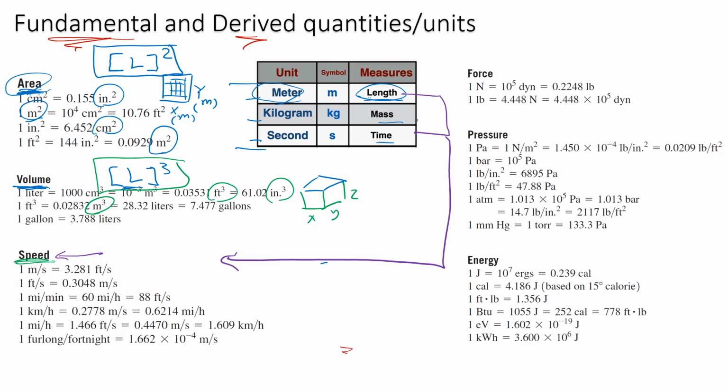We will talk about scalar and vector, and the velocity is the vector quantity of speed. Now the formula of the speed, assume s, or v for example, is equal to x over t. x is a length quantity and t is a time quantity.